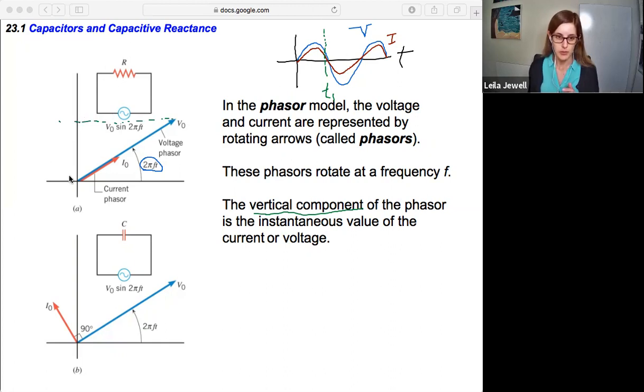I'll keep it at blue. So that's our instantaneous voltage. So it's not V sub 0, which is the peak voltage, it's some instantaneous one. Similarly for the current, the instantaneous value is the vertical component of it. So how much of it is shadowed onto there. And so that will be I, again without a subscript, because it's just the I at that instant, it's not the peak value.